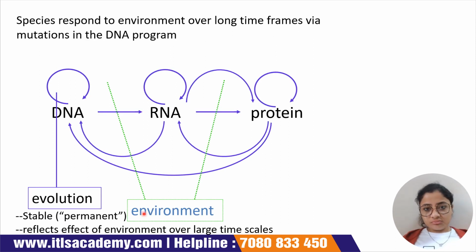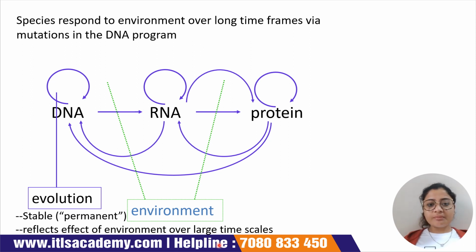Now evolution is the second important factor which will affect the central dogma. Evolution will directly affect the DNA. Species respond to the environment over a long time via mutations in the DNA program. Evolution is not something which will happen one fine day in the morning.